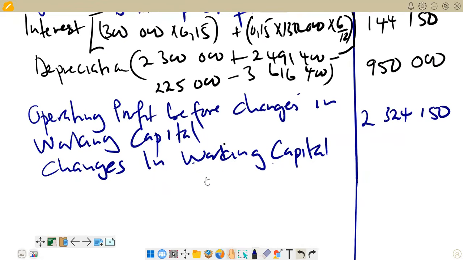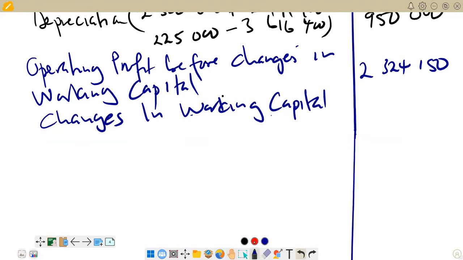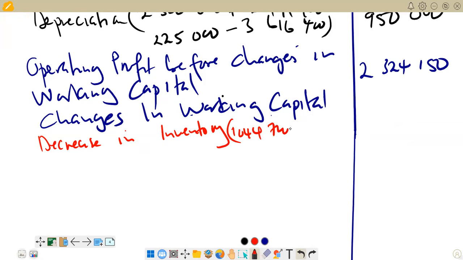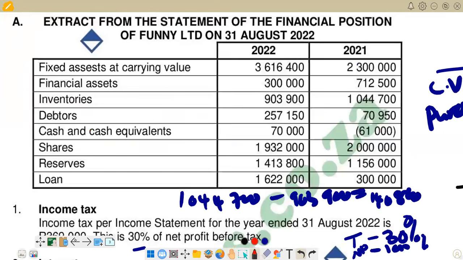Here we say decrease in inventory, and in brackets we show the working: 1,044,700, and then we subtracted 903,900. Let's recheck that the actual figure it's moving to is 903,900.